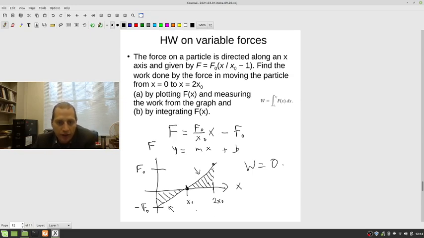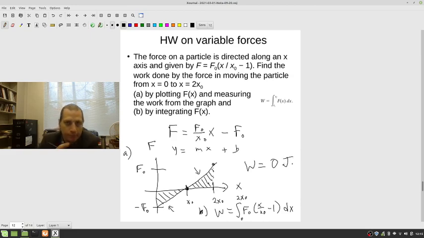Well, you could also find that from part B. So this is all part A. And then part B, if you go ahead and do the integral from 0 to 2x naught of F naught times x over x naught minus 1 dx. Okay, so I'm going to let you try to do that integral and make sure that it also gives you a work of 0 joules. All right, I believe you can do it.